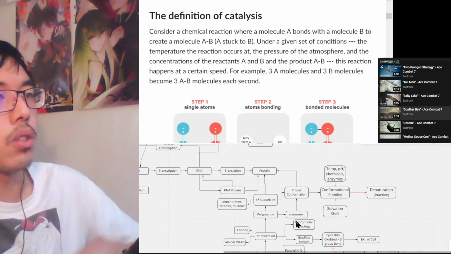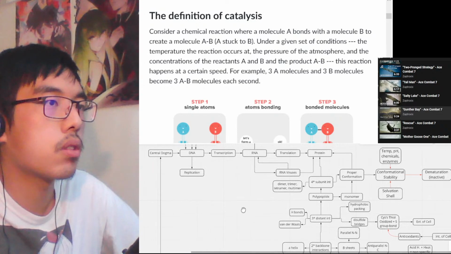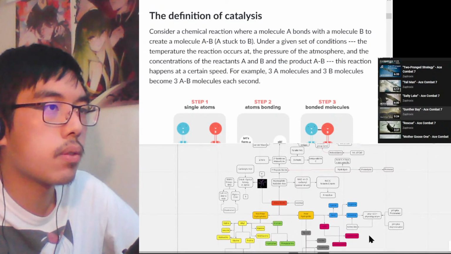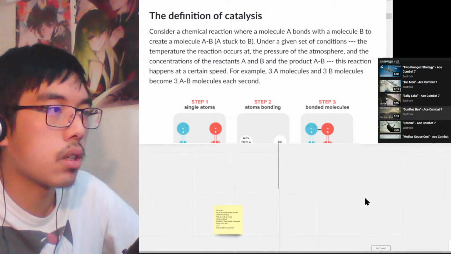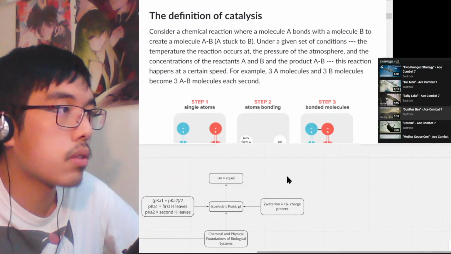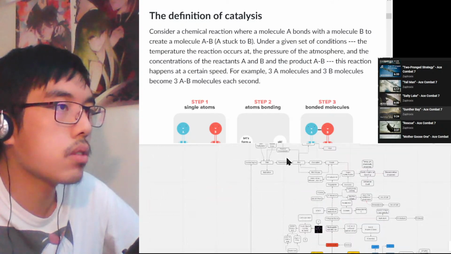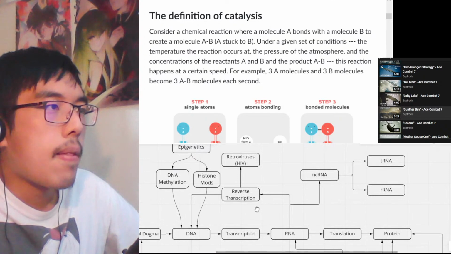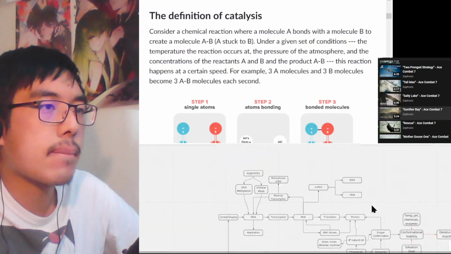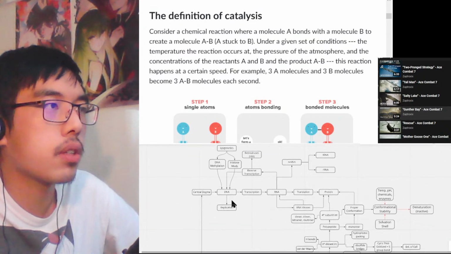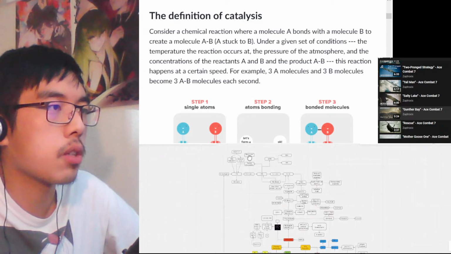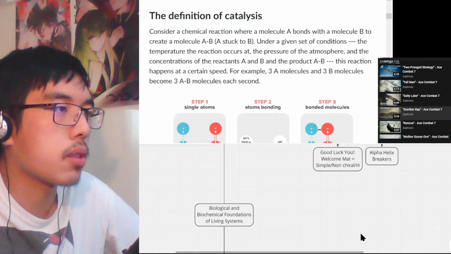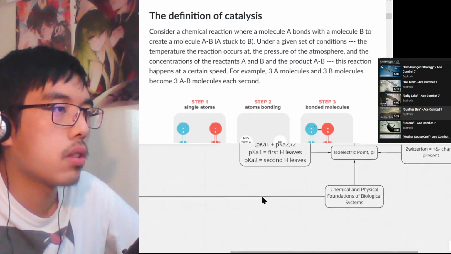Okay, where does enzyme fit into this? Where can I put these guys? I mean, so far I just kind of put everything on top of this central dogma. I don't think that's necessary. Biological and biochemical foundations.